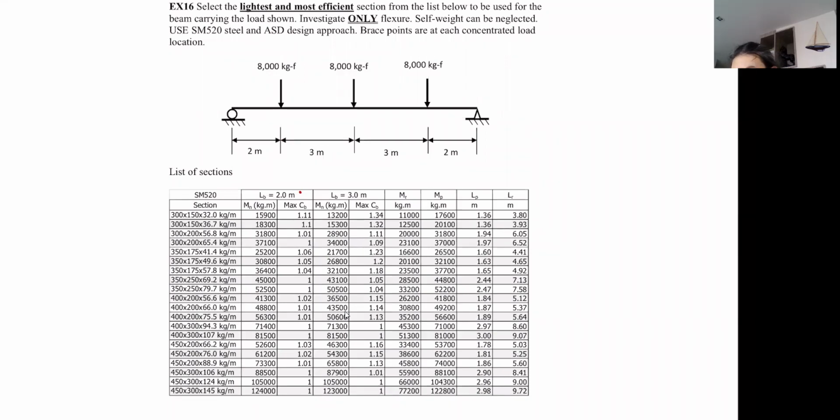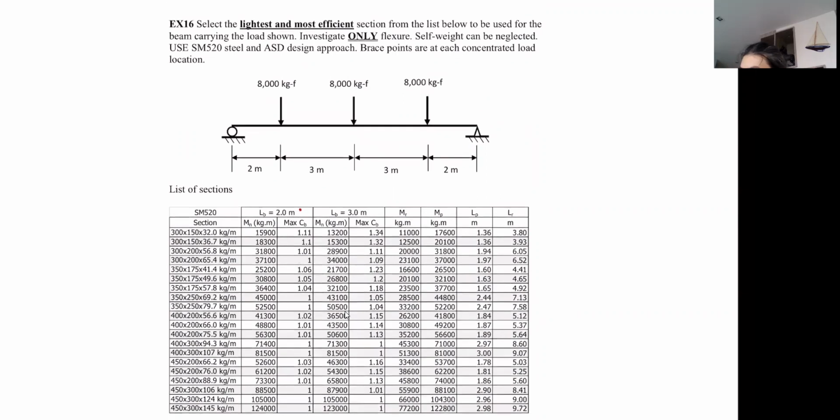So when you face a situation like this, what's going to happen? This is our beam. So how are you going to design this one? For example, in your project, you have your beam, say 4.5 meters long.